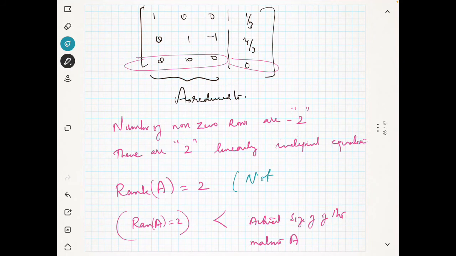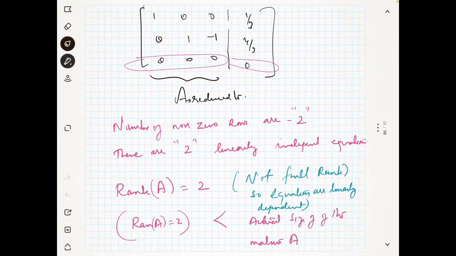So the equations are linearly dependent. But how many equations are linearly dependent? If I am considering all the 3 equations, they are linearly dependent.